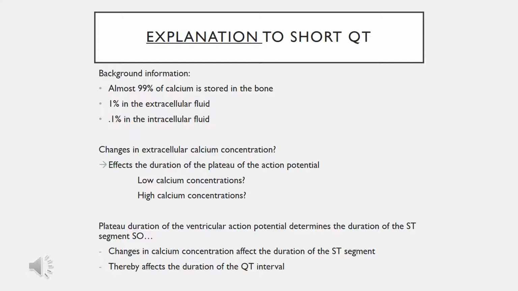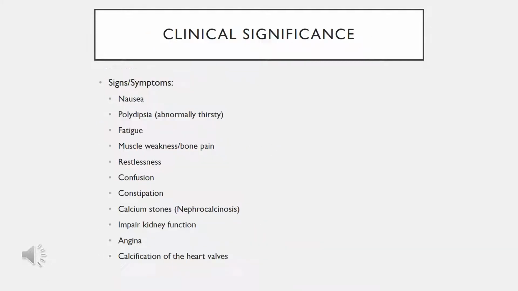Plateau duration of the ventricular action potential determines the duration of that ST segment. So changes in calcium concentration affect the duration of that ST segment and thereby affects the duration of that QT interval. So in hypercalcemia, the effective conduction time is why we see that shortened or absent ST segment with the shortened QT interval.